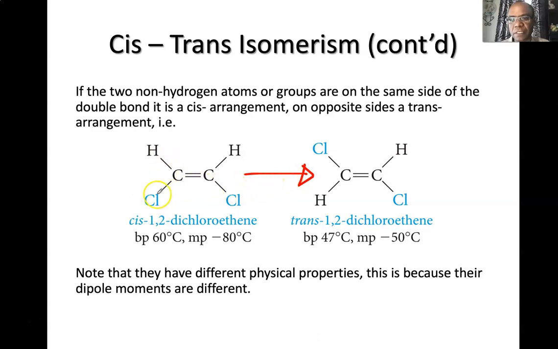Now you can see that here the chlorines are on the same side, so we call this cis. Here the chlorines are on opposite sides, so we call this trans isomer. Both of them have the common regular IUPAC name. Obviously, this is carbon 1, that's carbon 2. So it's 1, 2, and then you have 2 chlorines on those 2 carbons.